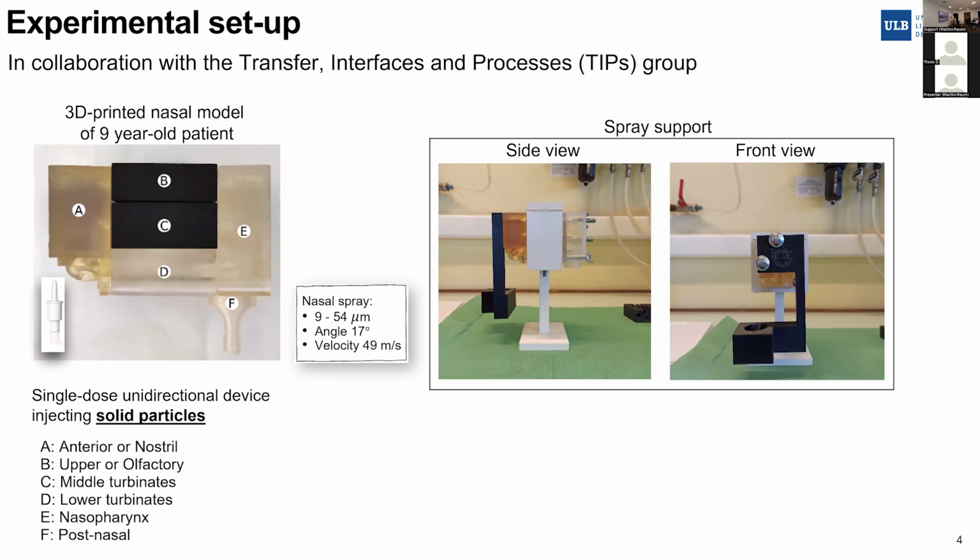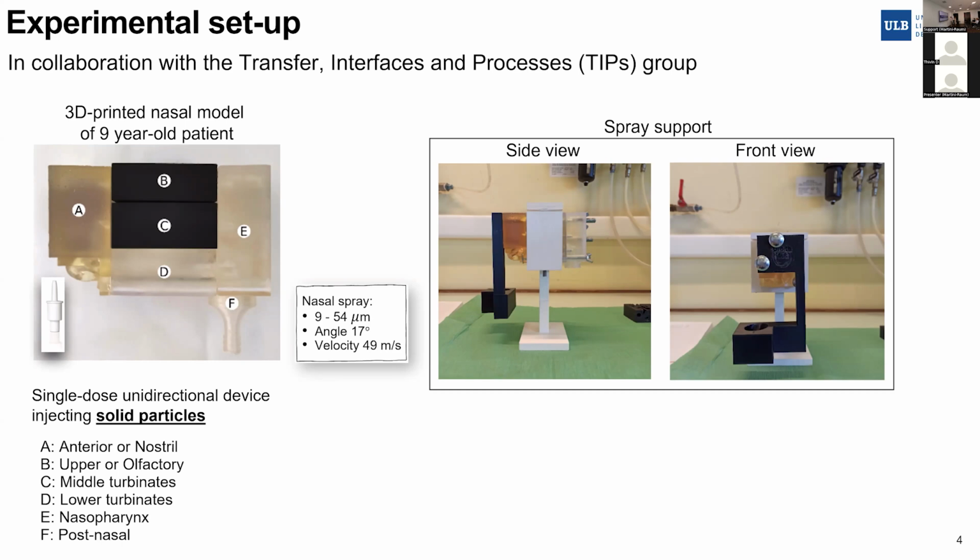What they did is implant this nasal model into a spray support. We see here a side and front view, and using a single dose unidirectional device, they injected solid particles. By imposing a constant flow rate in their spray support and injecting the particles, they looked at the particle deposition.